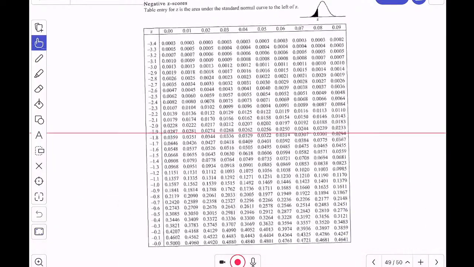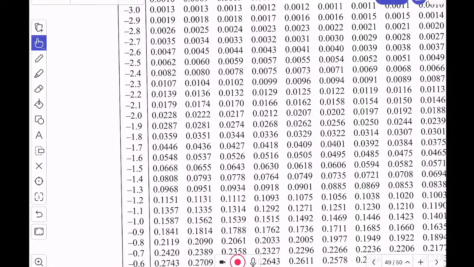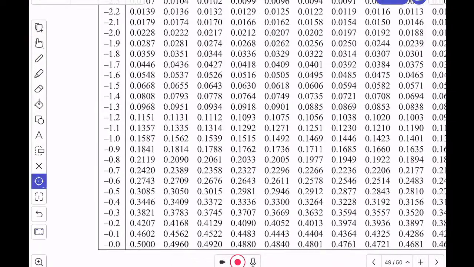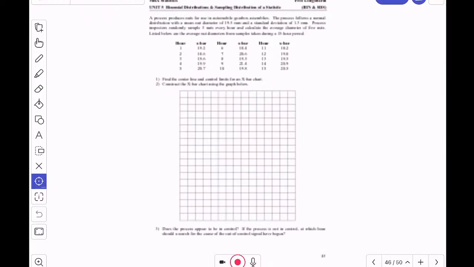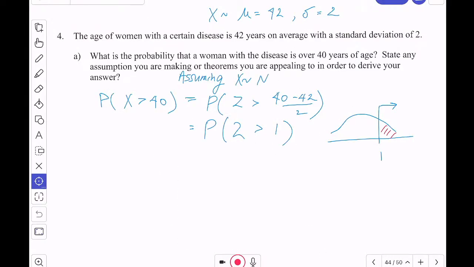Because of symmetry, it's the same on the left as it is on the right. So it's 0.1587. Right. So for people who are still subtracting, you can check on the right side.